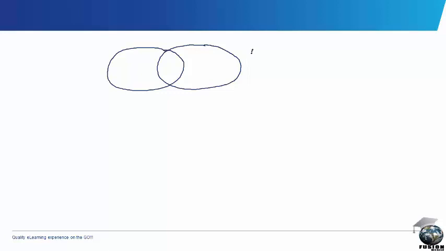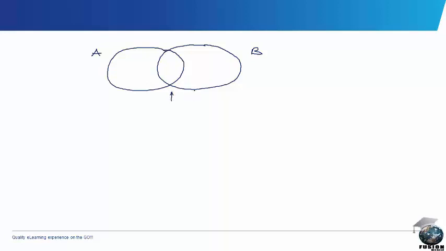But in case you're given a Venn diagram of overlapping sets like this, and you're told that this is B and this is A, we know what makes this overlapping occur.